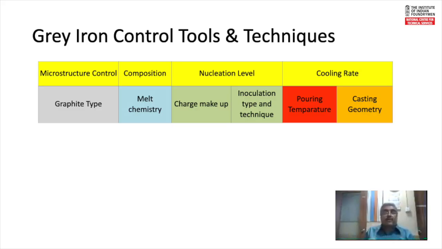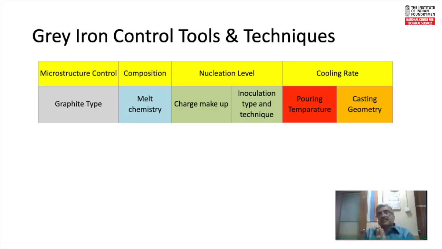Normally, pig iron tends to have, even on melting, good amount of nuclei present in the bath. While if you have more of steel scrap, and less of pig iron and less of foundry returns, then the nucleation levels can go down, and then you will have to adjust your inoculation type and technique to ensure that you get the right nucleation levels to get the desired microstructure.